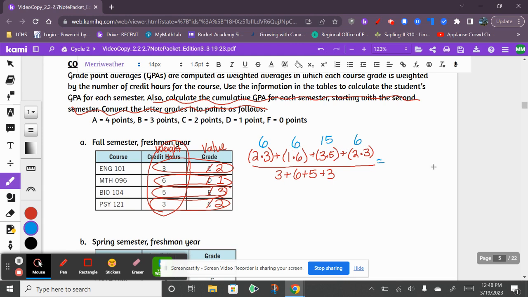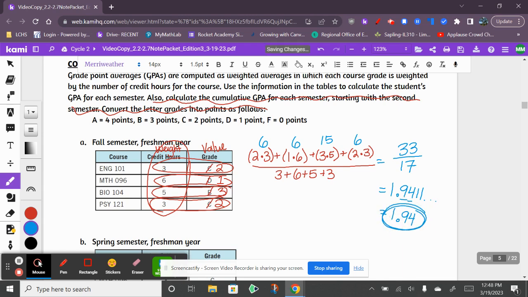If we add all of them up together for the top, we get 33. If we add up the bottom, we get 17. To find the GPA, you take the top divided by the bottom. So we get 1.9411, and it keeps going in our calculator. With GPA, we're almost always going to round to 2 decimal places, so this would be 1.94.